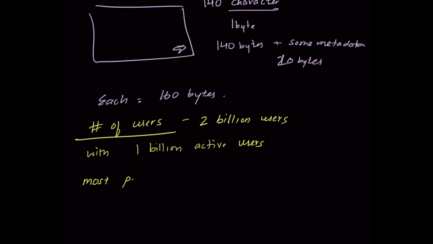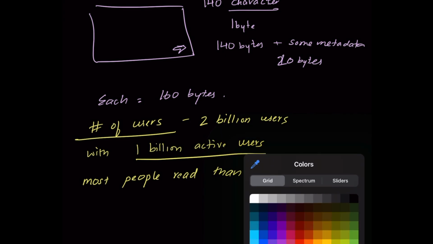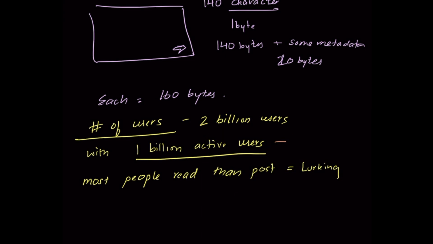Most people read more than they post. People are lurking. Okay, this is something that stands out. So for 1 billion active users, let's say only half of them are posting. We can say 0.5 billion tweets per day. So we did some estimations.